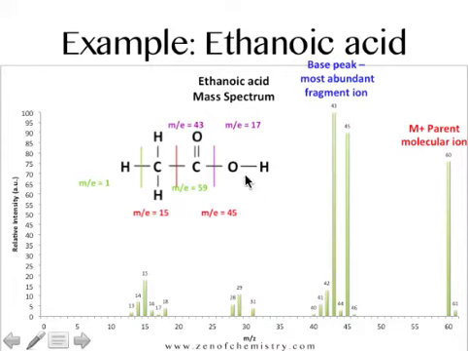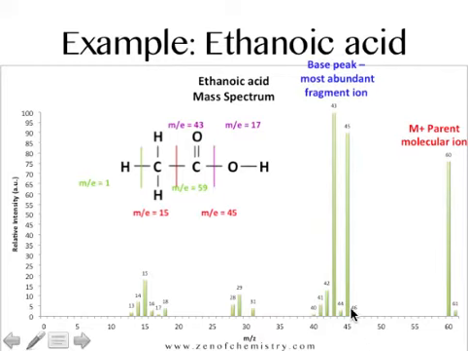You'll also notice there's not a 59. So that 59 fragment must be very unstable, so it doesn't even reach the detector, and it further fragments into all of these different peaks here. There are lots of other little peaks here.